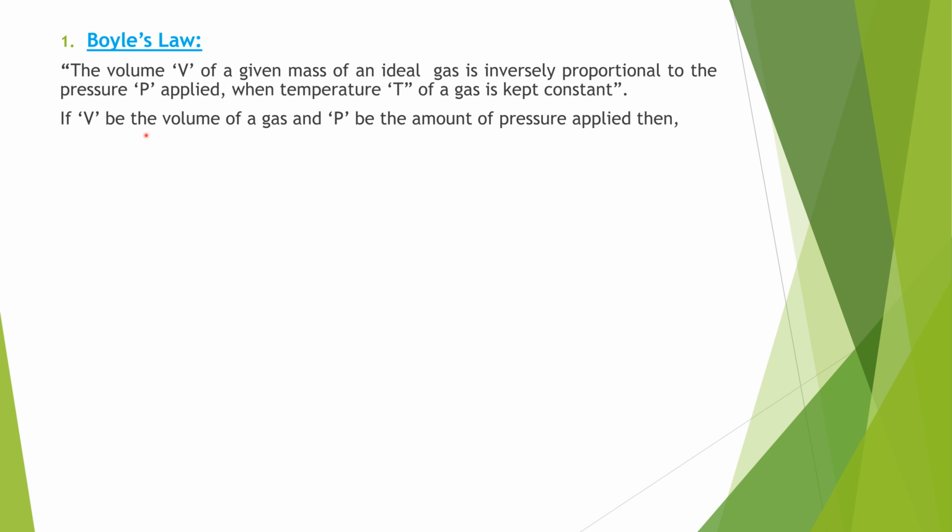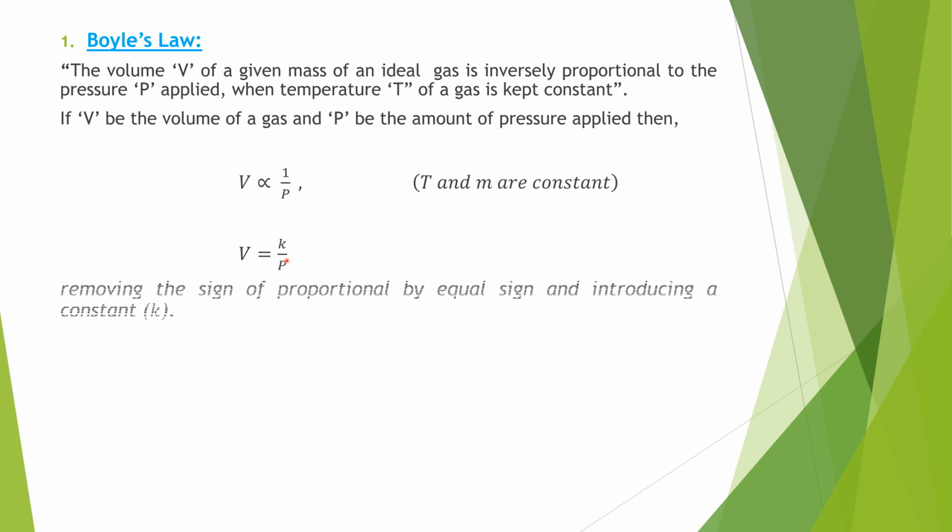So if V is the volume of a gas and P is the pressure it exerts, V is proportional to 1 upon P, if T, the temperature, and the mass of the gas are constant. If we remove the proportional sign, we get a constant.